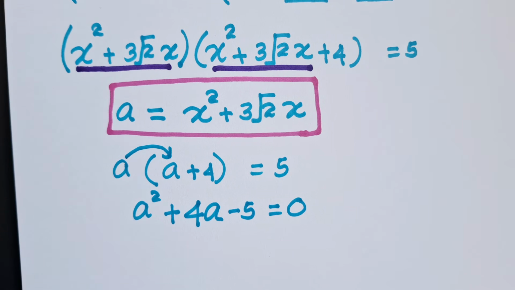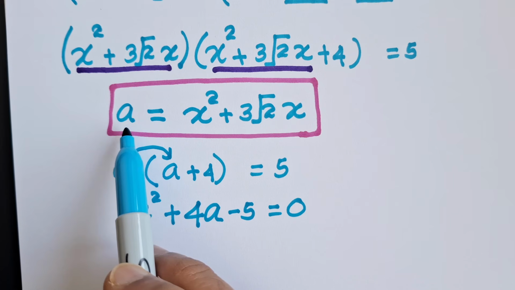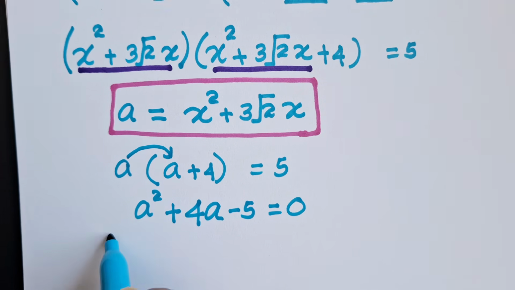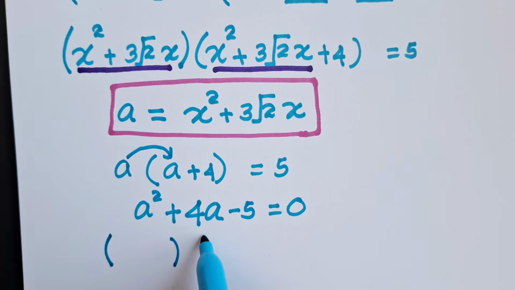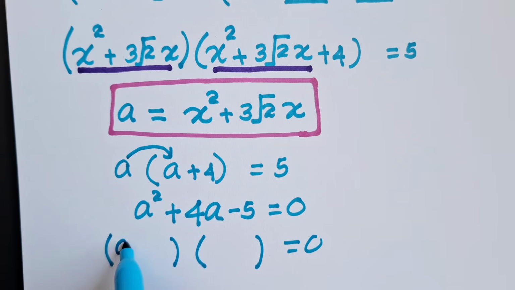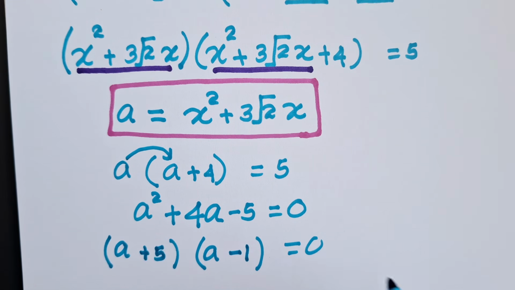Alright, now we have a beautiful quadratic equation again. I'm going to solve this quadratic equation for a, then I can find x. I'm going to put two parentheses. Inside the parentheses we have a and a here, and we have to get plus 4, and we need to find two numbers. When we multiply them we have to get minus 5, and we need to add them to get plus 4.